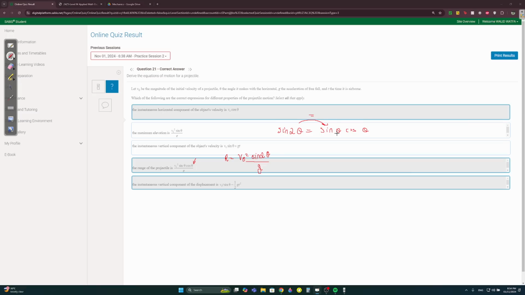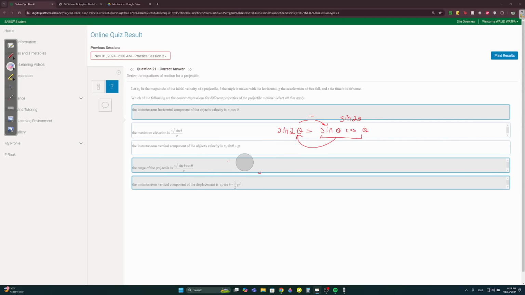Sine theta cosine theta, it's a trig identity that you're going to take in trigonometry and math later. But it's basically the same thing as sine 2 theta. So if you ever see this, know that it's sine 2 theta. So if you replace it with sine 2 theta, V node squared sine 2 theta over g, that is the rule we know for range.